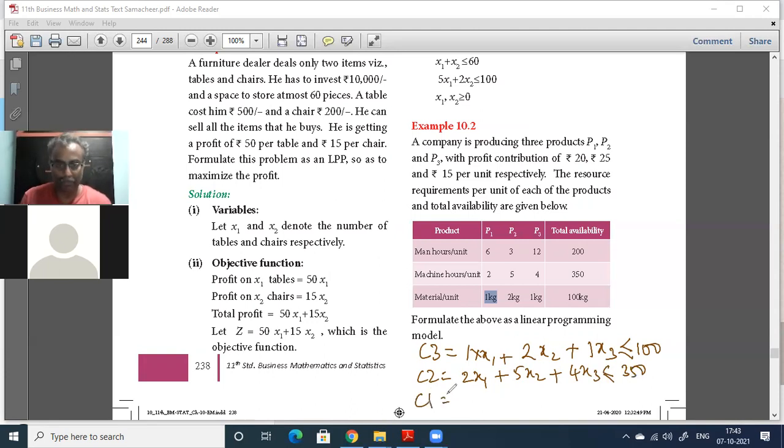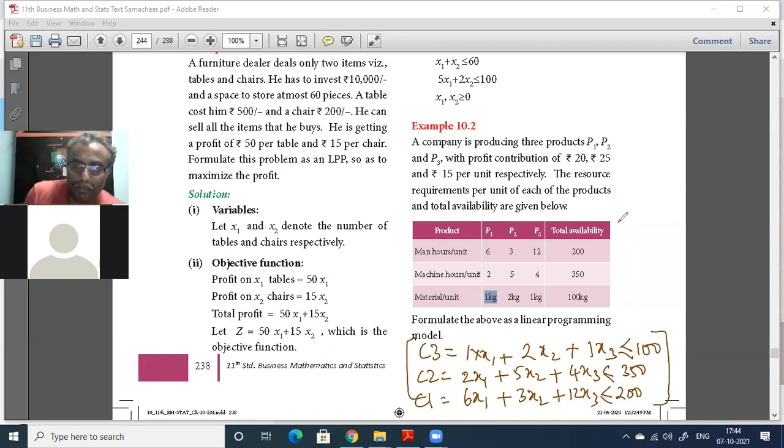Constraint C1 will be man hours: 6X1, 6 hours you are giving for X1, plus 3X2, 3 hours for X2, plus 12X3, 12 man hours for X3 units. Totally it should be less than or equal to 200 man hours.